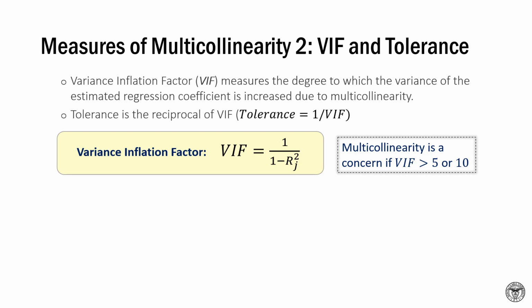Defined by 1 over 1 minus adjusted R-square, the VIF is proportional to the variance of the regression coefficients. Generally, a VIF value exceeding 5 or 10 is viewed as indicative of problematic multicollinearity. Certain researchers assert that a VIF greater than 10 is unsatisfactory, suggesting that the independent variable should be eliminated from the analysis.